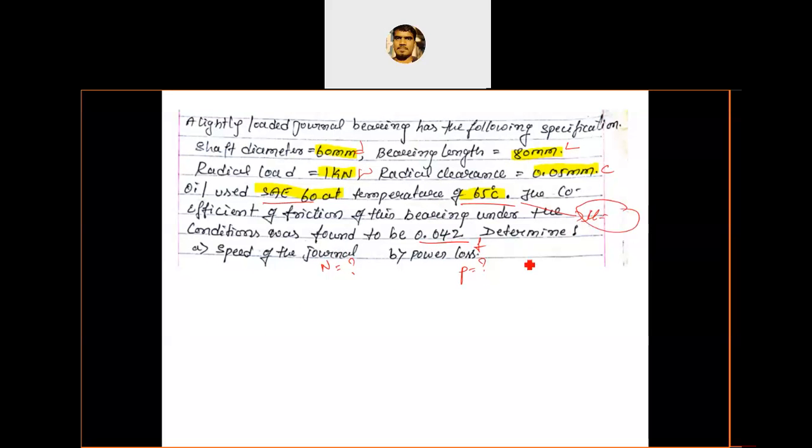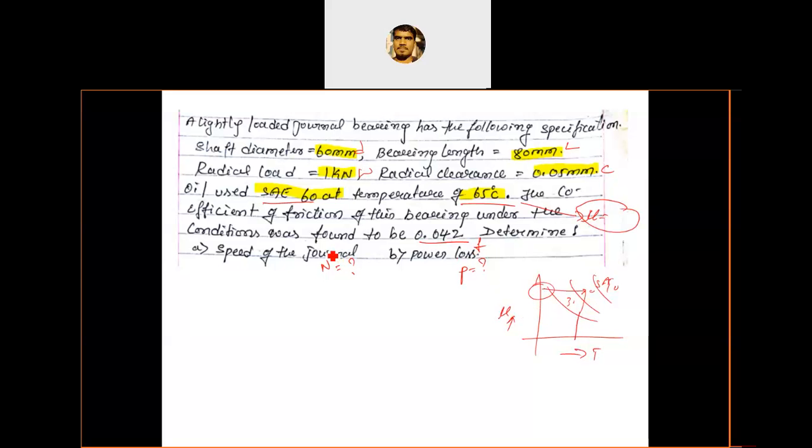For that you have to use a graph of temperature versus absolute viscosity for SAE 10, 20, 30 like this. For a particular temperature, you have to see the viscosity.